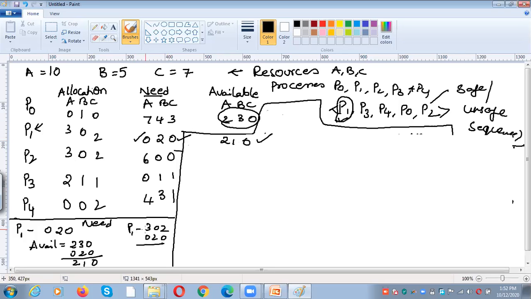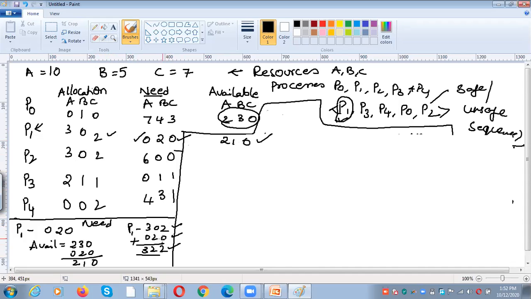So you allocated 3 0 2 earlier and 0 2 0 now. How many resources are utilized by the process in total? 3 2 2. These are the resources required by P1. Earlier you allocated 3 0 2 and now 0 2 0, so the value is 3 2 2, the total number of resources allocated to P1. Okay.